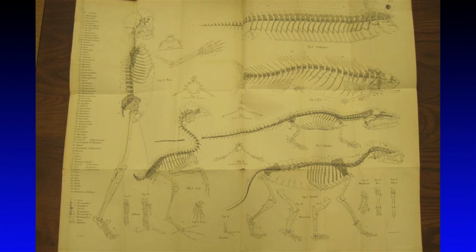So for Owen, the archetype referred to a common plan or a structural arrangement. Owen believed that there was an ideal common plan or structure for all vertebrates. And so apart from distinguishing homology and analogy, Owen also provided the first account of three different kinds of homological relationships between compared organs of organisms, one of which was general homology.